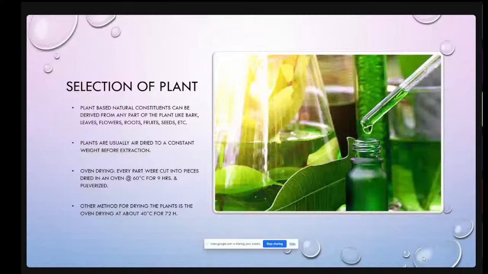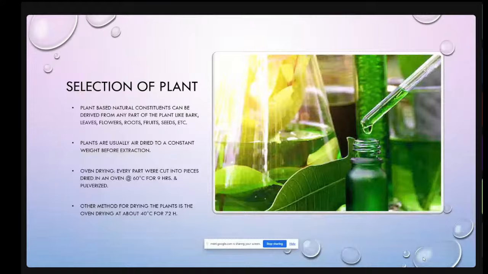After air drying, sometimes we are also using oven drying at a temperature between 60 and 70 degrees. Another method of drying the plant is oven drying at about 80 degrees.